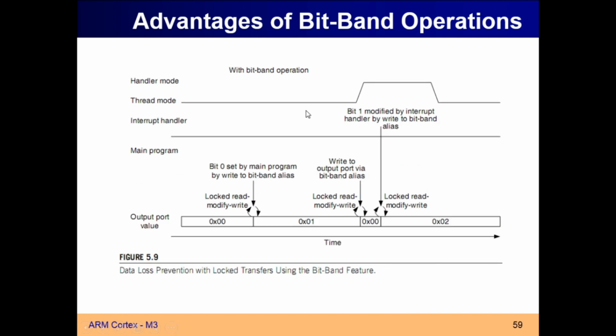Then with the bit banding operation, if you are doing the same task that you have seen just now, how will it be done? In the output port you are having 0x00, right? And at this point, bit 0 of the value present in the output port will be set by the main program. How is it being set? By using locked read, modify, write. That means by writing to the bit band alias region.